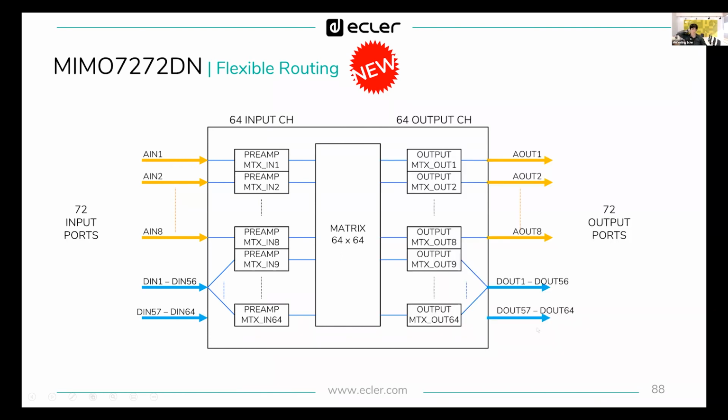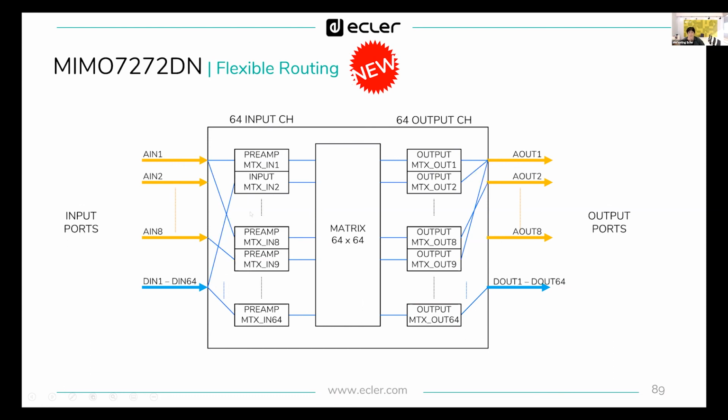And the same for the output. What's the sense of all this? It has sense because we have flexible routing. What is flexible routing? You can decide by software which signal is routed to this preamp.